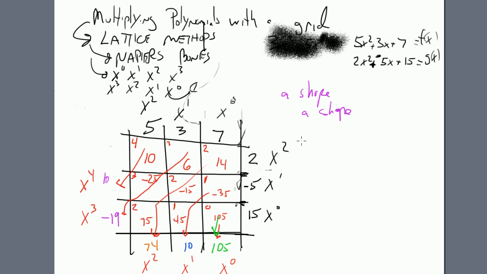We end up with 10 times x to the 4th minus 19 x cubed plus 74 x squared plus 10x. Checking the math here, checking the signs mostly, and then plus 105.